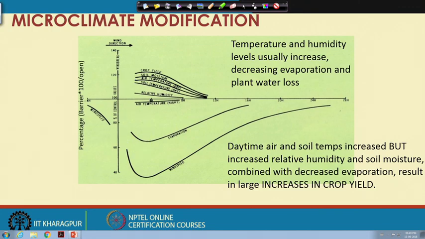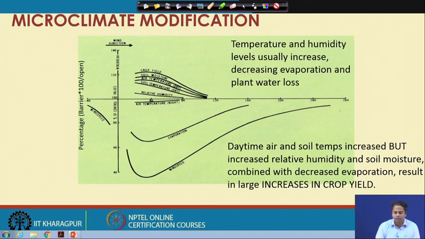Daytime air and soil temperatures are higher, and there is an increase in relative humidity and soil moisture, because we can conserve more soil moisture here. Combined with decreased evaporation, it results in a higher amount of crop yield. This is how a windbreak with a particular density modifies the overall microclimate over that region.